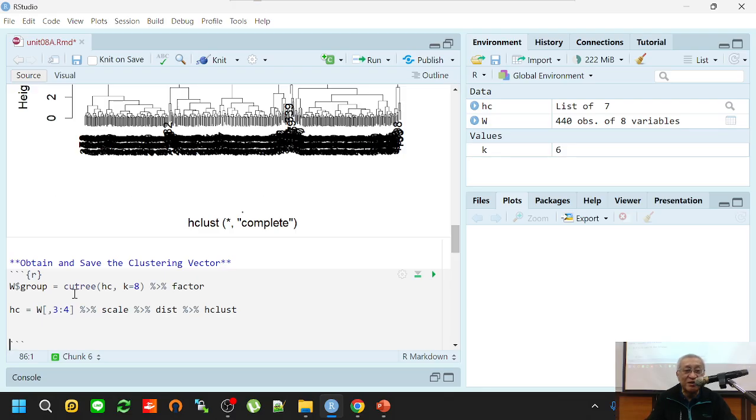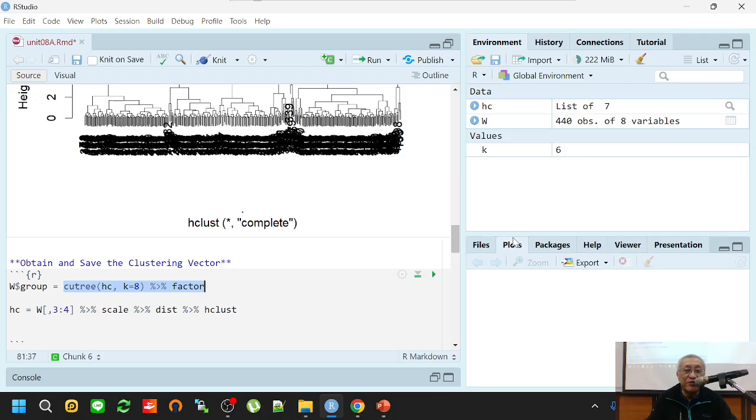When you cut the dendrogram into groups, you basically call the cutree function, and this is the dendrogram object, right? And this is the number of groups that you want to divide into, right? And usually we transfer it into a factor. And then after we do this, we simply create a new column.